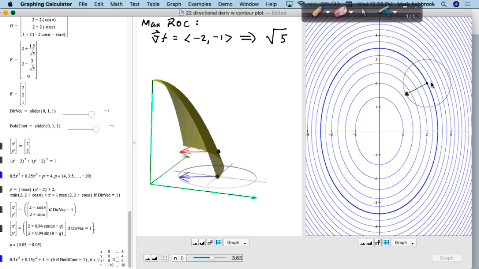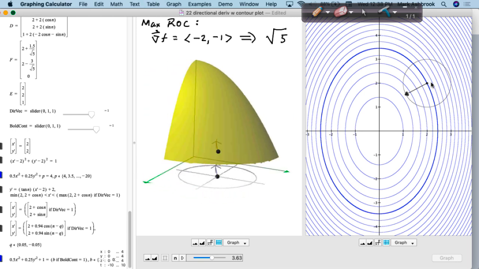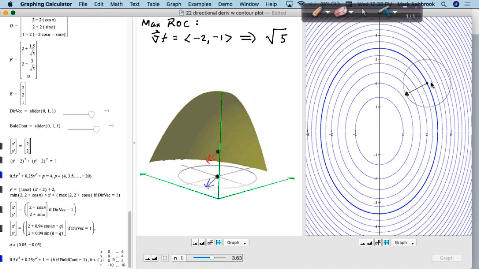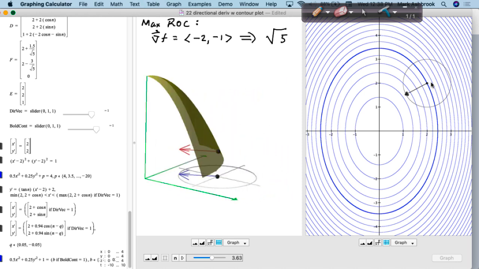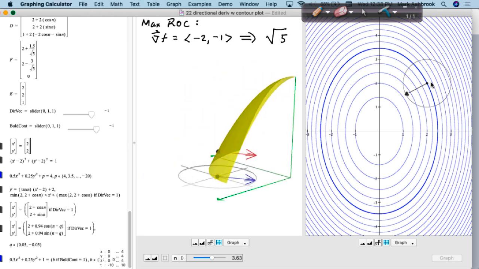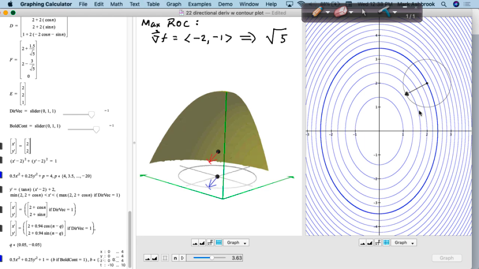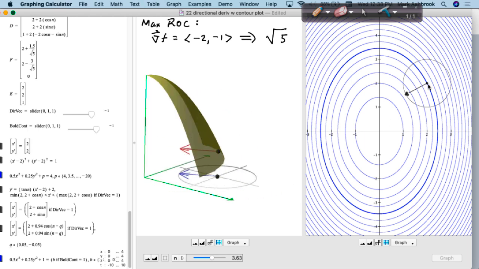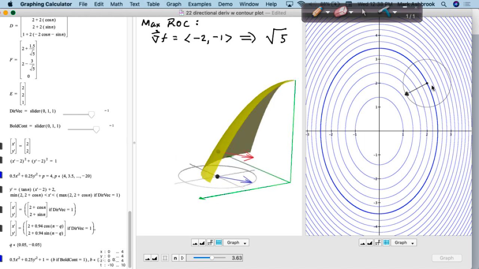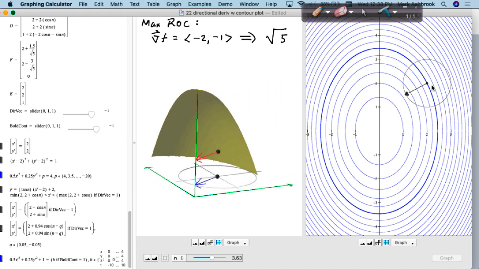So if you want to get to this next line as quickly as possible, you're going to head at a perpendicular angle. So that makes sense, that it's orthogonal. If you're going in the direction of max rate of change, you're headed orthogonal to the contour lines.